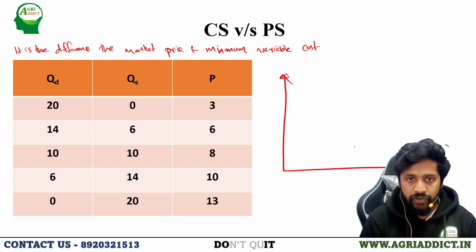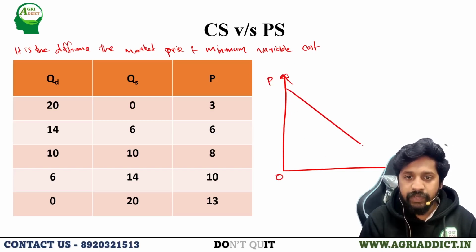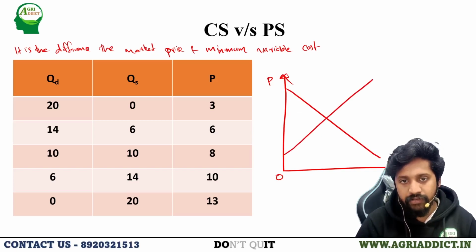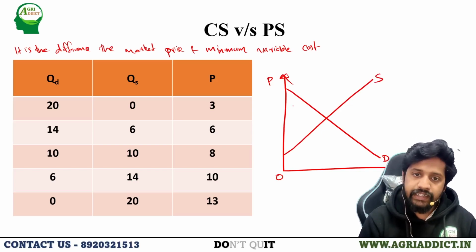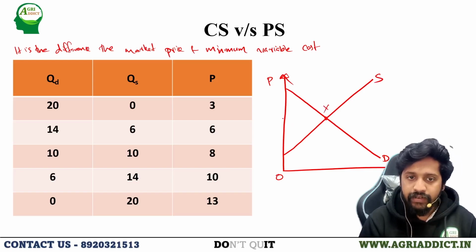So as we all know, let this be the quantity and this be the price. Let this be the demand curve. As we all know, the demand curve slopes downwards, and this be the supply curve. So this is the demand curve and this is the supply curve, and the intersection of the demand and supply happens here at X, and at this point we will be arriving at the optimum price and optimum quantity.